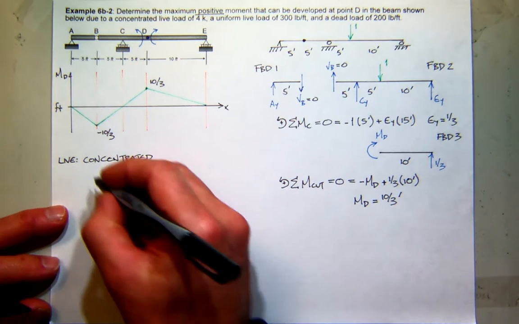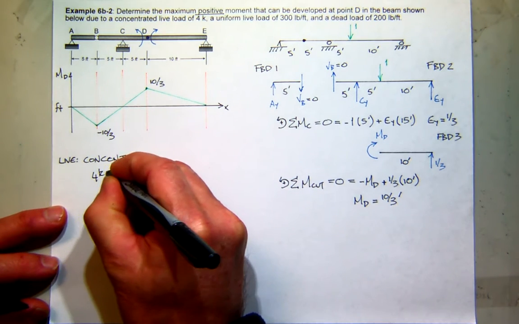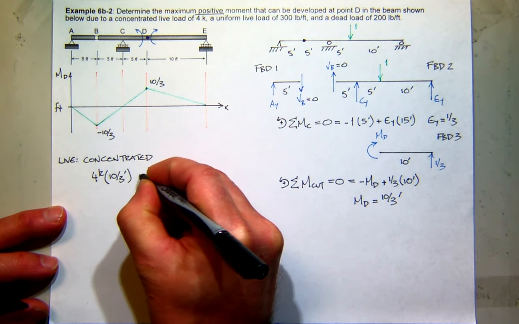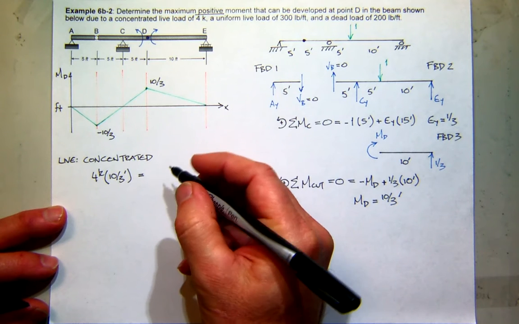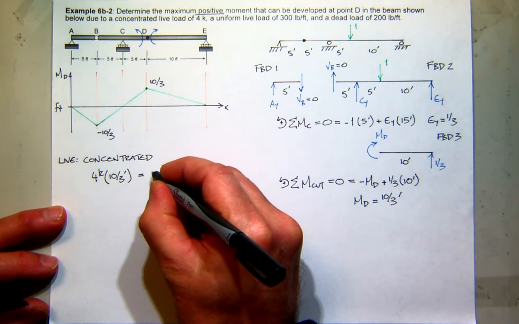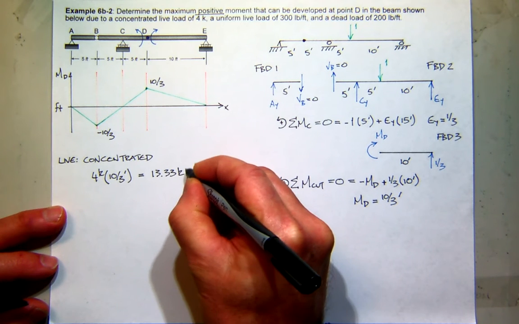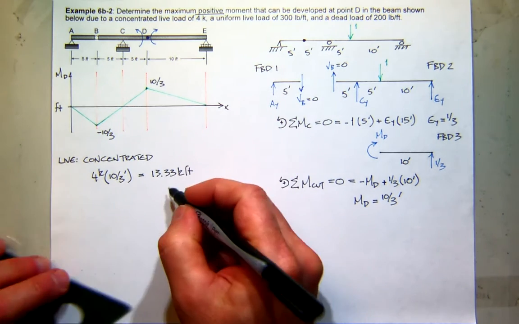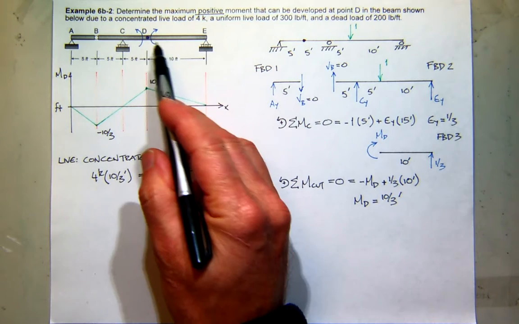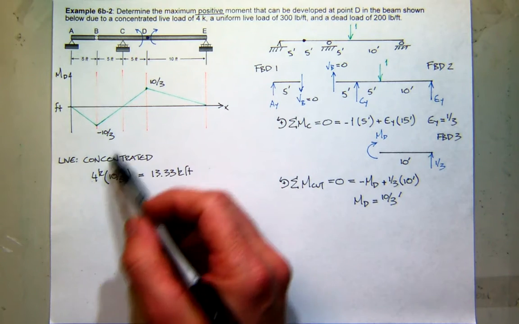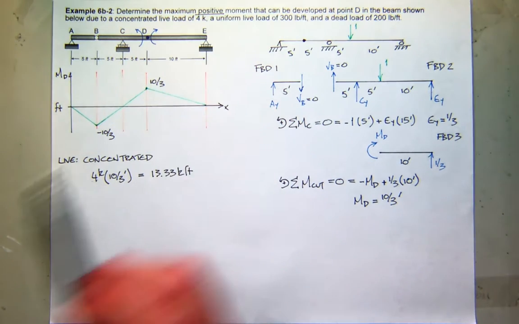So I'm going to figure this out by saying 4 kips times my 10/3 feet will give me 40/3, which is 13.33 kip feet. So there's the positive moment created at D when the concentrated force is actually at B.